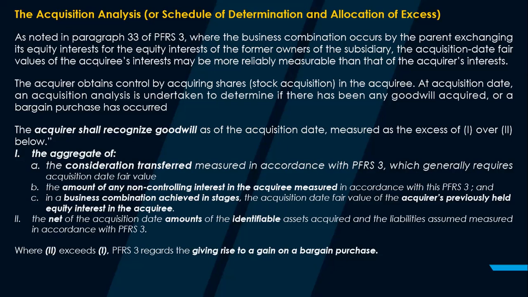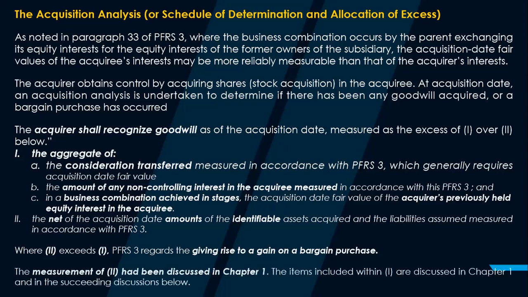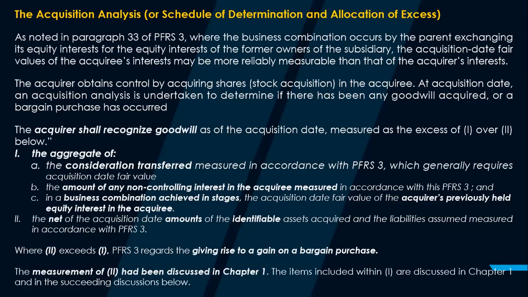But if number 2 exceeds number 1, it's a bargain purchase gain. The measurement of number 2 had been discussed in Chapter 1. The items included within 1 are discussed in Chapter 1 and in the succeeding discussions below.